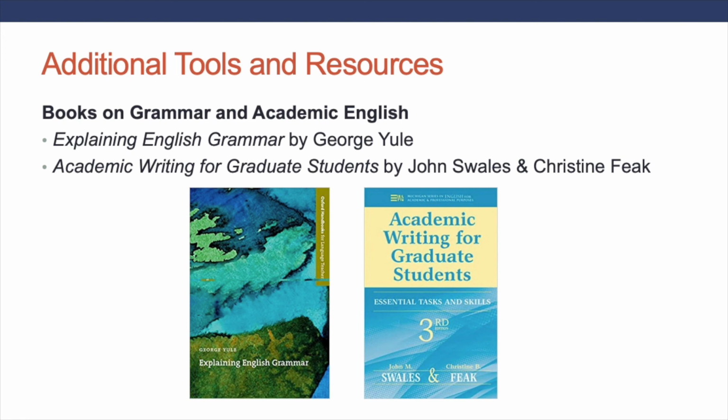And Academic Writing for Graduate Students by John Swales and Christine Feak is a really helpful guide written with non-native English speakers in mind, but is helpful for all kinds of graduate students.